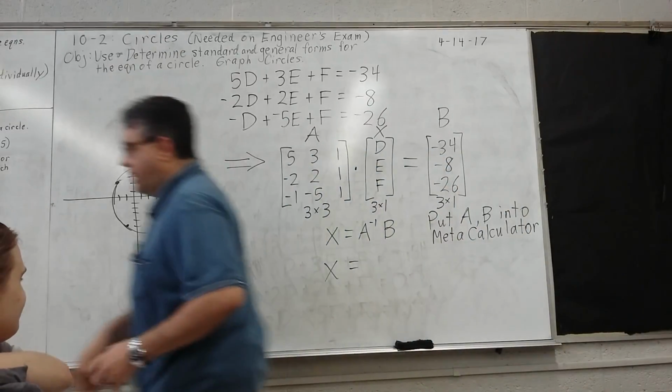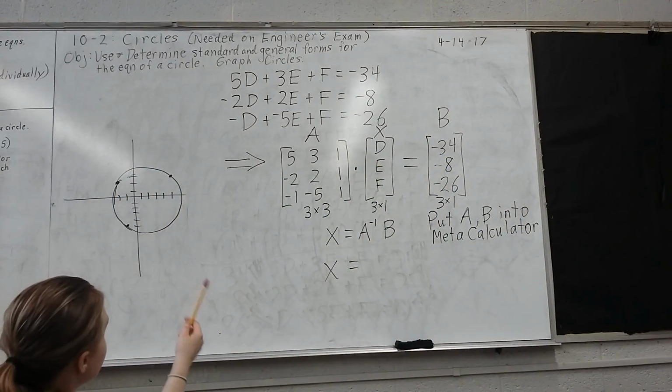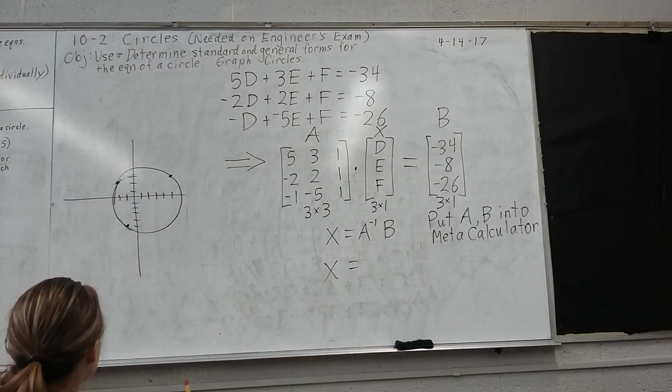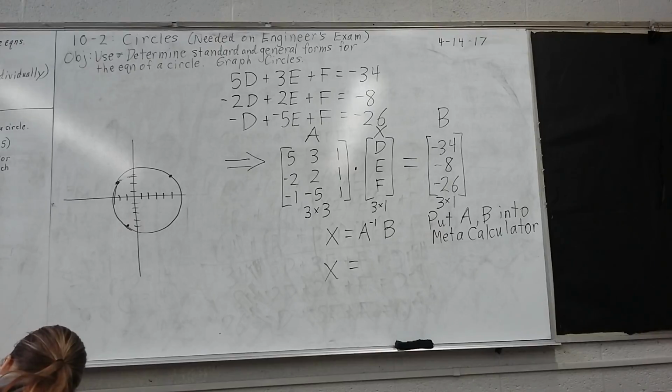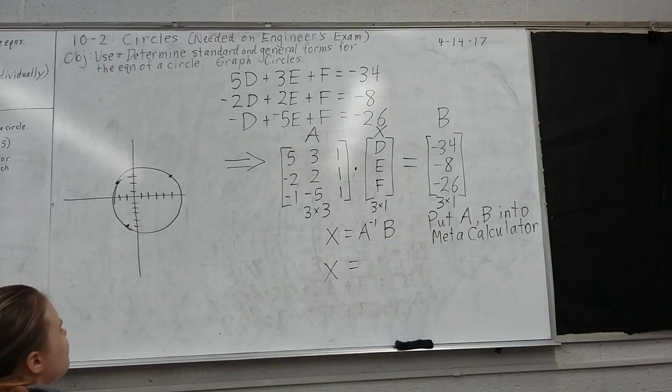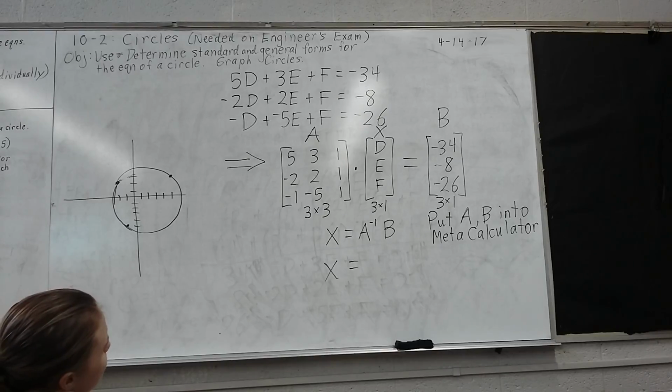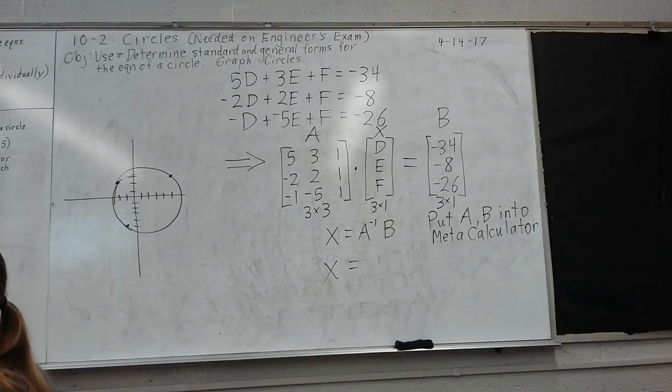And I have set that up for us. And we would plug in what's in matrix A. Right, you would plug in matrix A and B, and you would have these matrices here. It's the same matrices. That's okay.